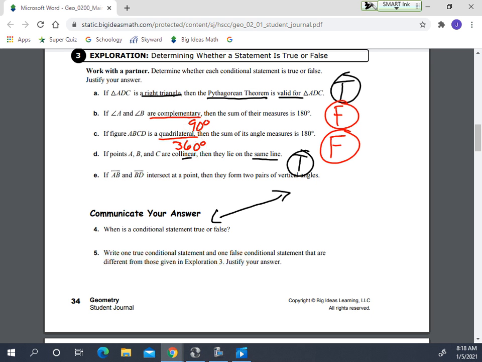A, B, and BD, so they go through at B. Well, we have a vertical angle here, here, here, and here, right? That is true.